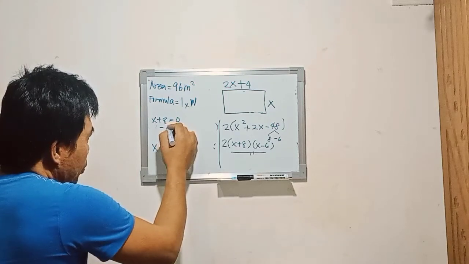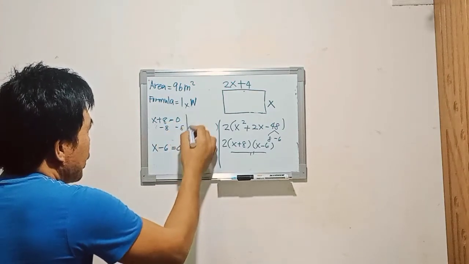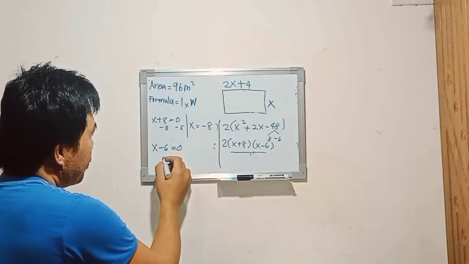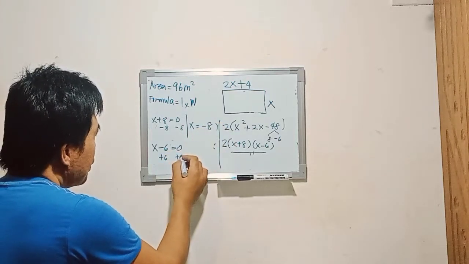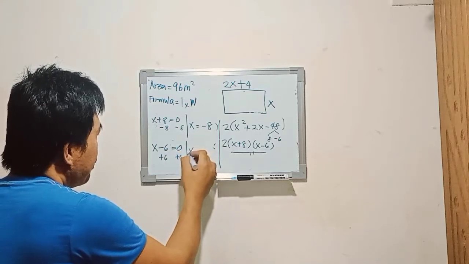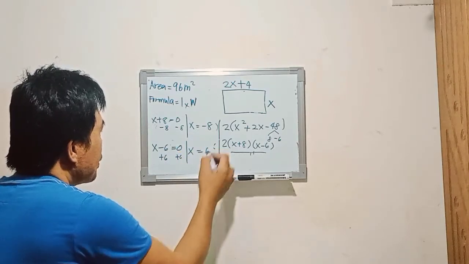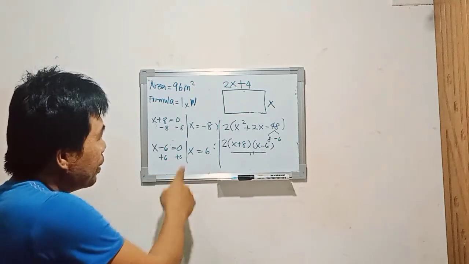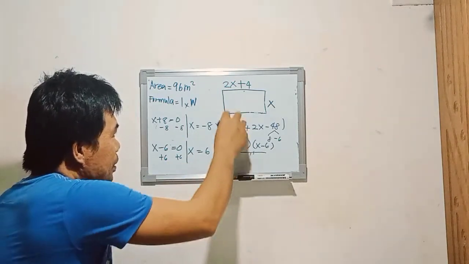Apply negative 8 to both sides. So x here becomes negative 8. Apply positive 6 to both sides. So this x will become positive 6. We have two solutions, x equals negative 8 and x equals positive 6.